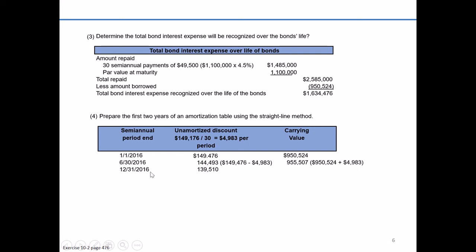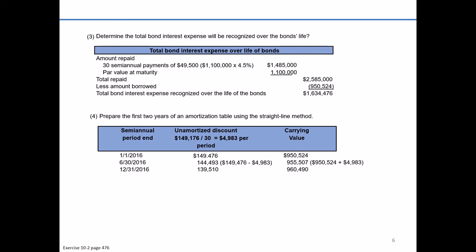December 31st, 2016, we're going to lower our unamortized discount again, subtract out another $4,983 and leaving it at $139,510. It bumps our carrying value up even more to $960,490.